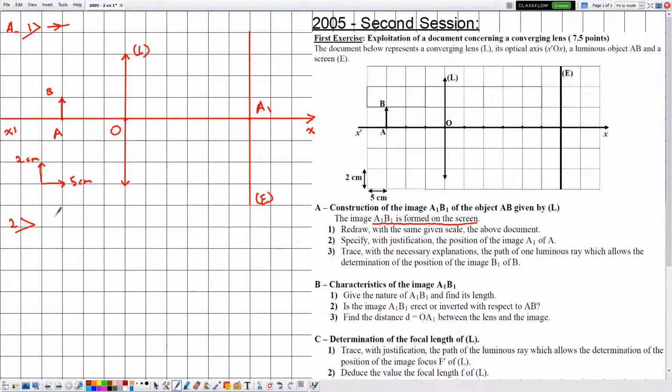Now let's justify. Since the object is on the optical axis, then its image will be on the optical axis, and we know that it is collected on the screen.